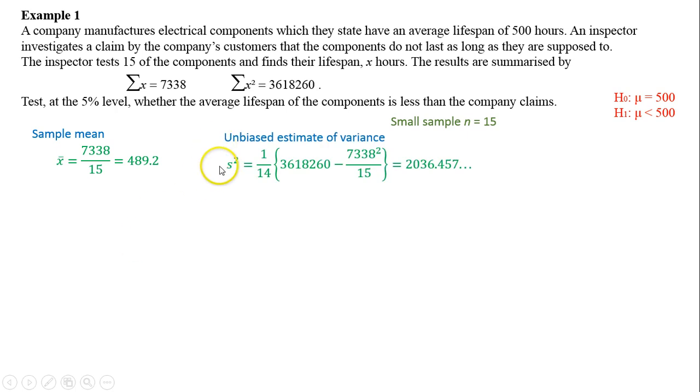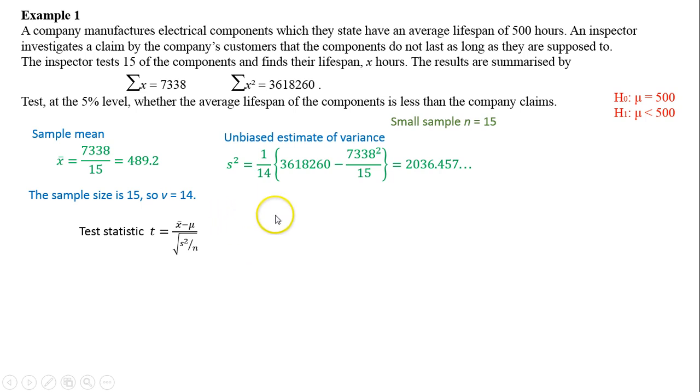The unbiased estimate of the variance, we use the same formulas as before: 1 over n minus 1, 1 over 14 then, times the sum of x squared minus the sum of x all squared over n. And that becomes 2036.457 and so on. Don't round up too early. Our sample size is 15, so our degrees of freedom, nu, is 14.